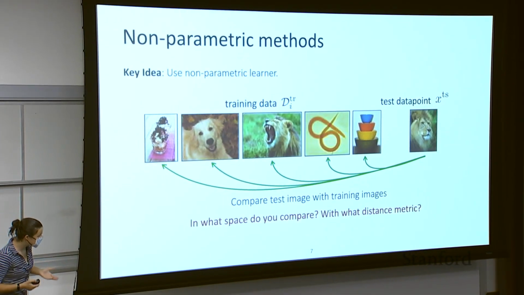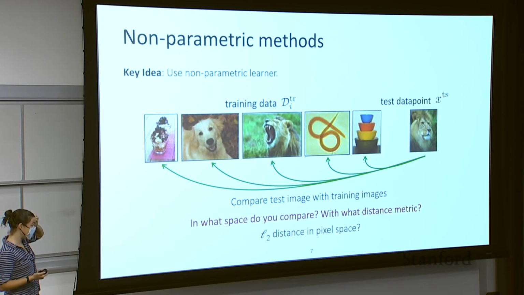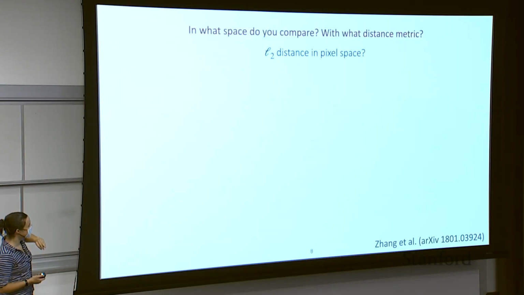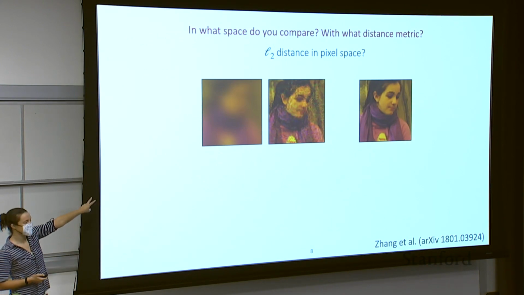Now, an important question is, in what space should you compare the test image and the training images? One really naive option is to use L2 distance in pixel space. However, this turns out to be a really bad metric. For example, say the image on the right is your test example, and the two images on the left are what you're comparing against.